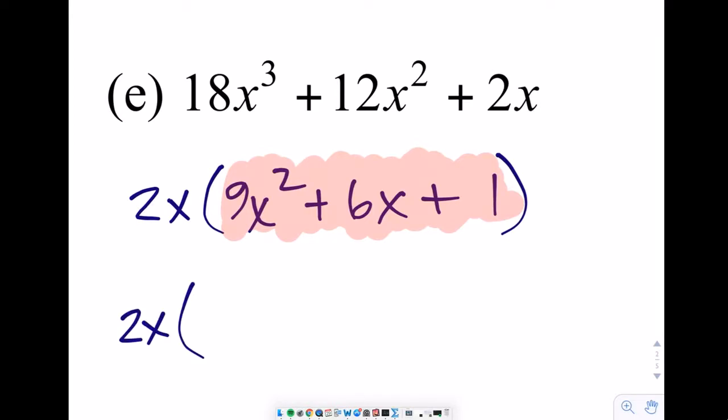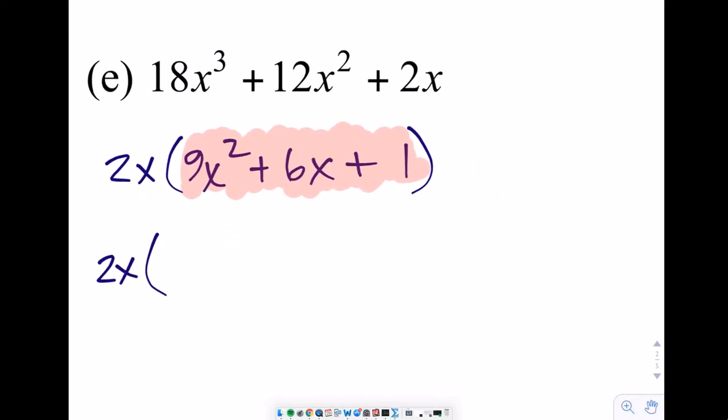Anyone have a method that you've learned along the way that seems to work well for you? The box method? I don't know how the box method works. It involves something like this, right? And do you split up the middle term?